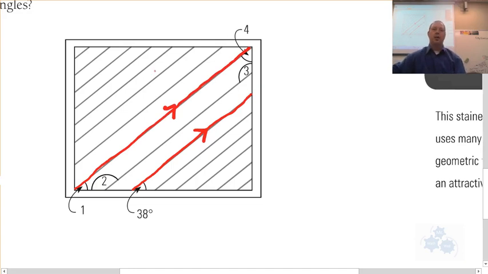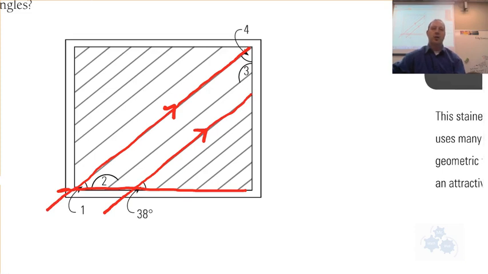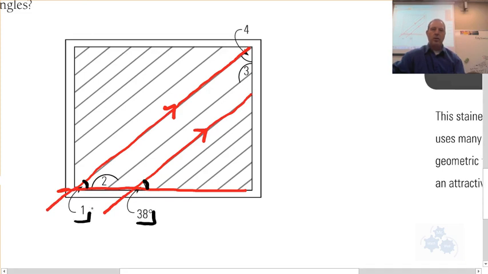So that means we have two parallel lines here. And this side right here, I'm going to extend this side here, but this right here is a transversal. If these lines were to be extended like this, we have two parallel lines cut by a transversal, and therefore corresponding angles, like the angle 38 and angle 1, are equal. So angle 1 is 38 degrees.